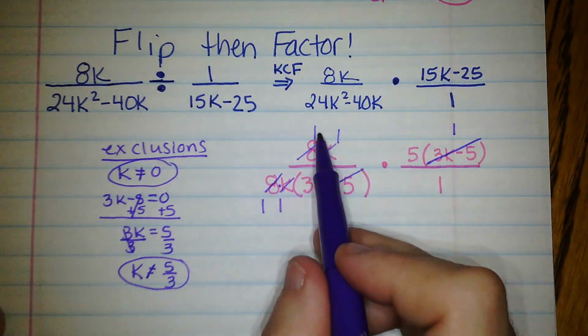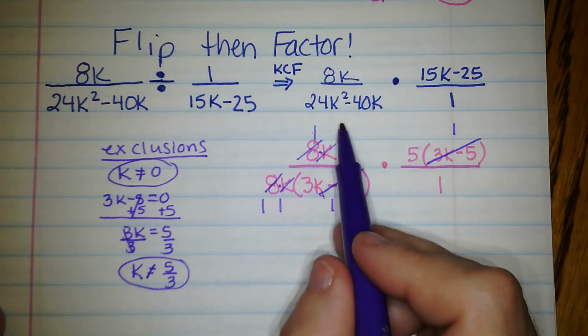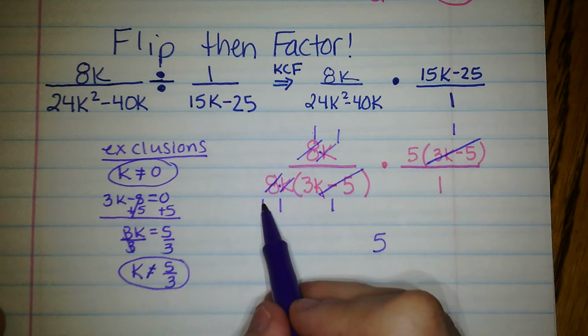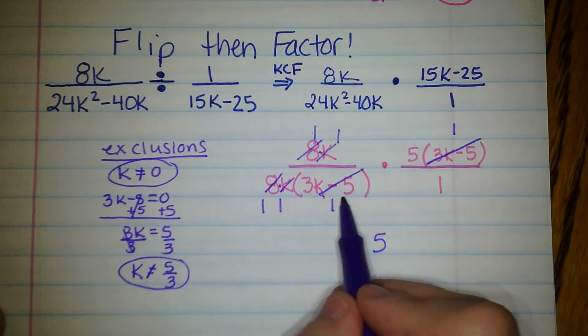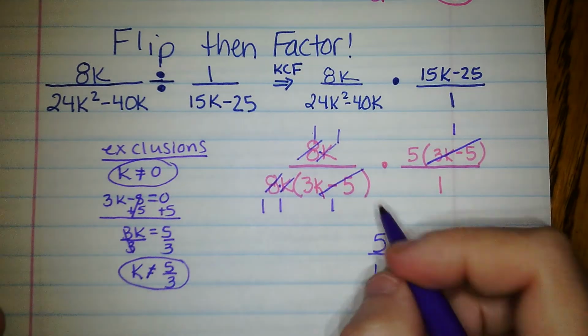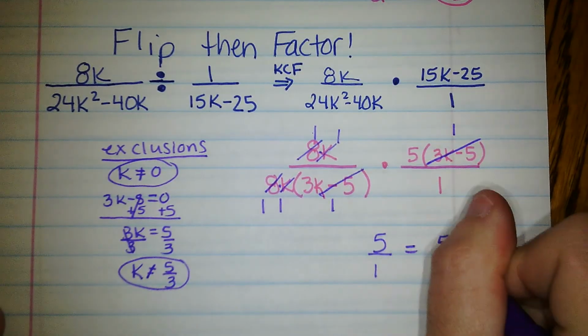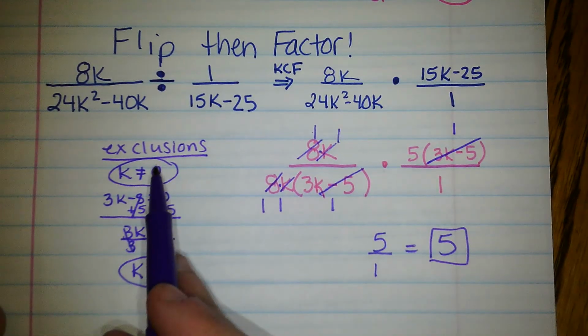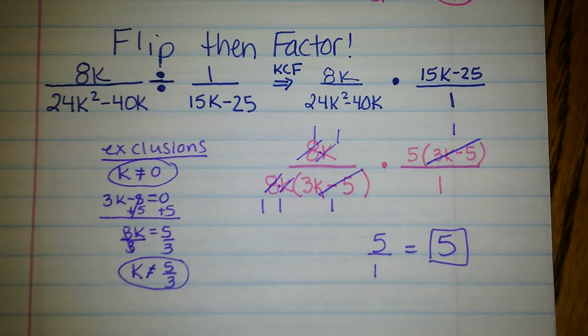So the only thing that's left in the numerator is 1 times 1 times 5 times 1. And all that's left in the denominator is 1 times 1 times 1 times 1, which is just 1. So my final answer, this whole entire thing reduces to 5. And my exclusions are 0 and 5/3.